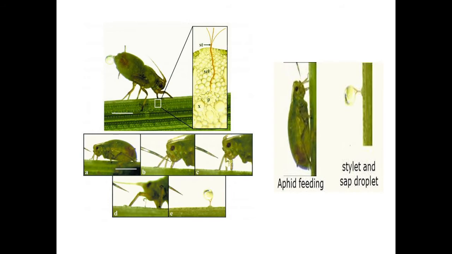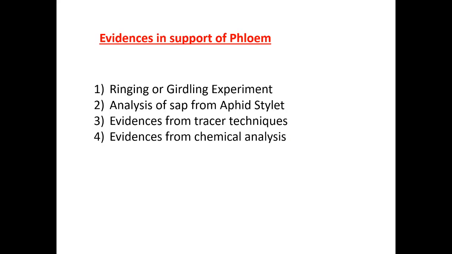And the third one is evidences from tracer techniques. What are tracer techniques? Tracing using radioactive elements. If you use radioactive carbon dioxide, then the organic substances formed also contain this radioactive carbon.